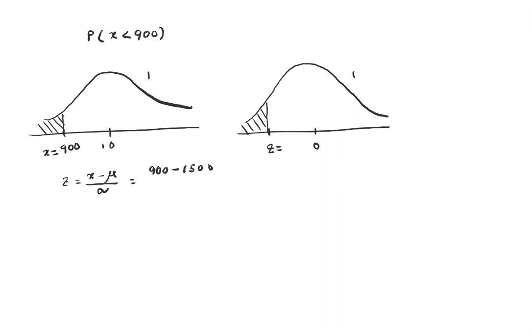Oops, I made a mistake here. This is 1500. This is 300. Sorry about that. This is what I meant to say. So 900 minus 1500 divided by 300, which is negative 600 over 300, which is negative 2. So z is negative 2.